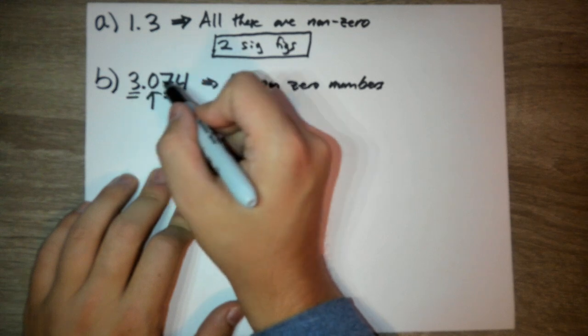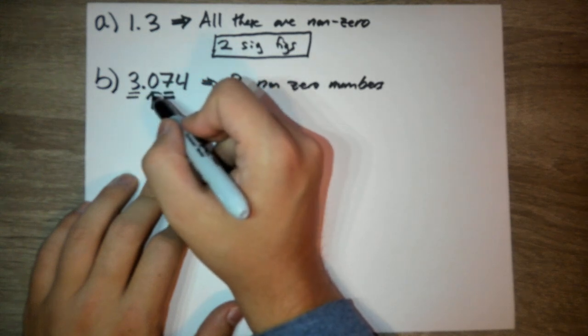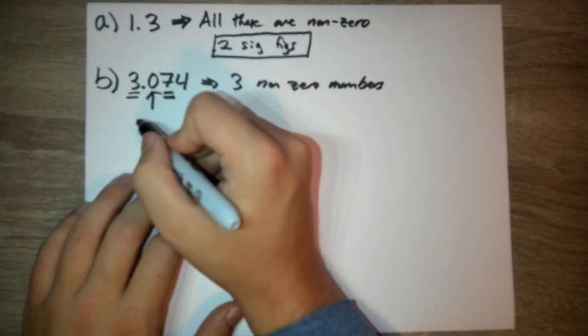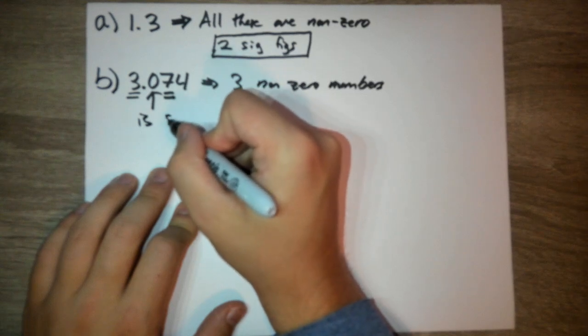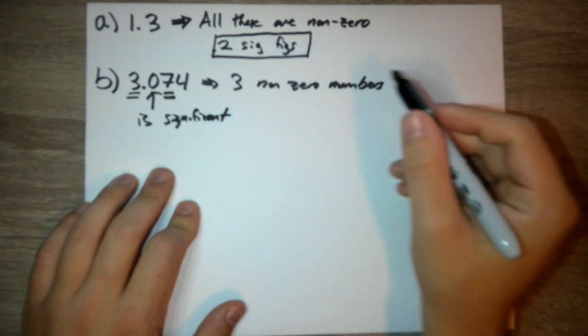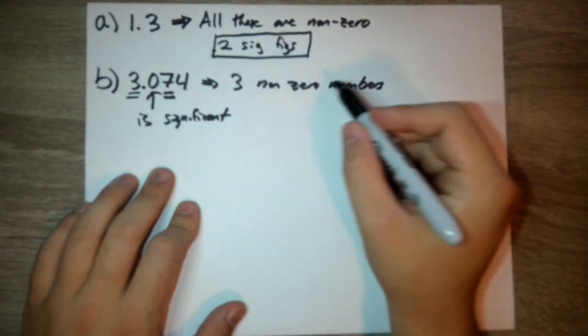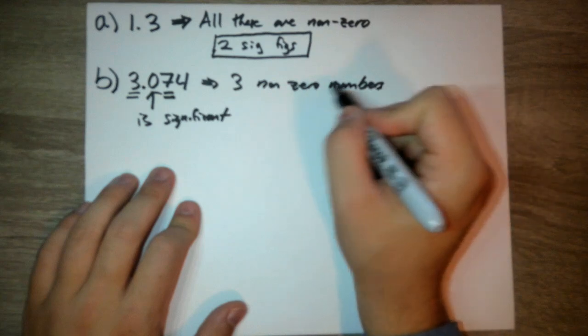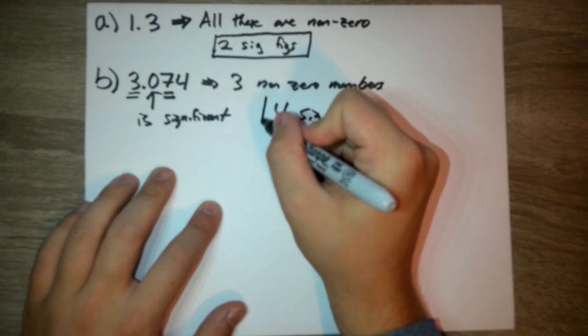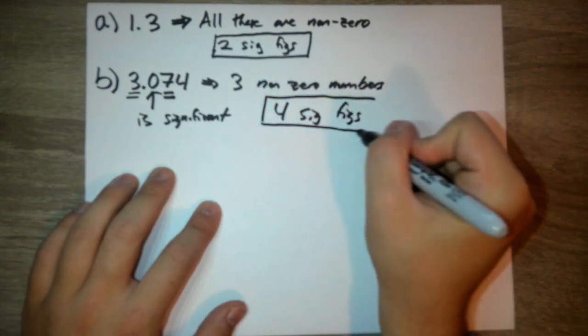So it's between 2 numbers that are significant. Therefore, this 0 is also significant. So if we add it up, we got 1 0 that's significant plus 3 non-zero numbers that are significant, and we have 4 significant figures.